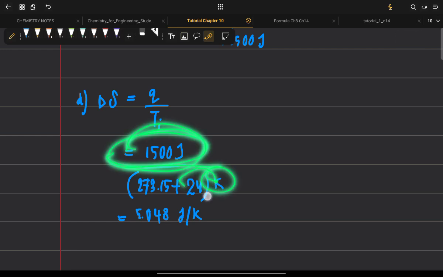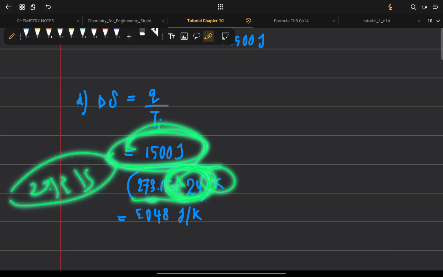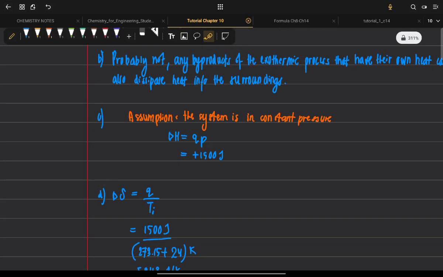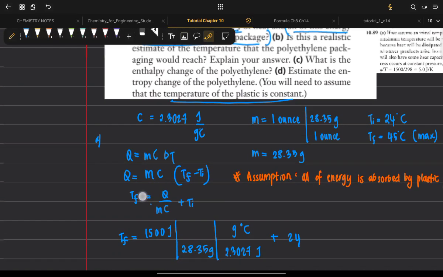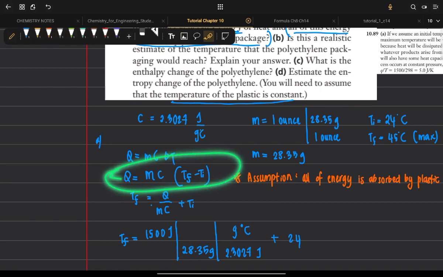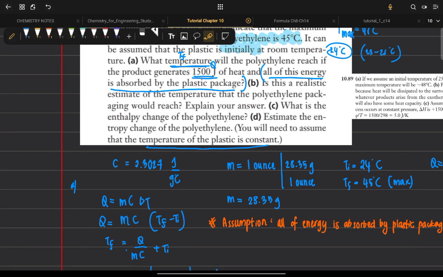So we need to change 24 to Kelvin by adding 273.15, and then I got the answer in joule per Kelvin. So this will be my entropy, this my enthalpy, and Q is my heat.